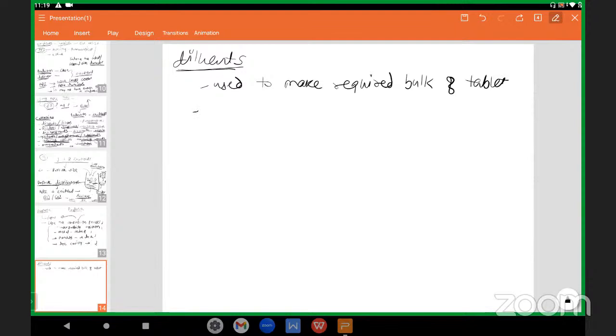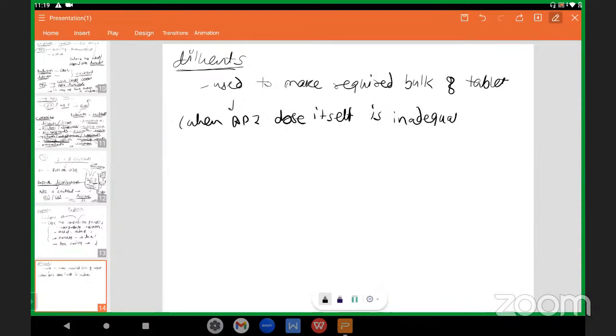In brackets, you can simply write down: when API dose itself is inadequate to produce the bulk.